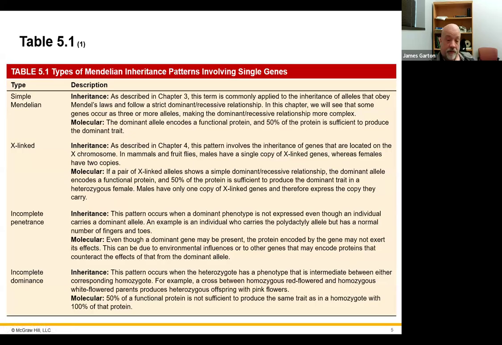Red-flowered plants and white-flowered plants are homozygous. They make a heterozygote that has pink flowers. The explanation is that 50% of the proteins are active, 50% are not, and it causes an intermediate phenotype to be observed.